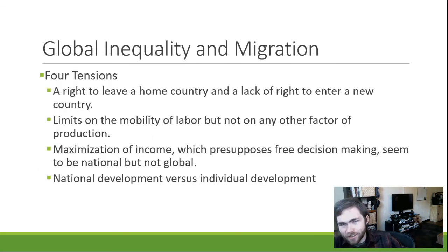And there's kind of these four tensions that are going on whenever we think about migration in the global context. People have a right to leave their home country, but they also lack the right to enter a new country. We've got limits on the mobility of labor, but not on capital and other commodities.